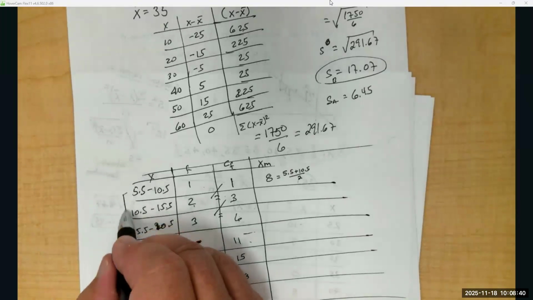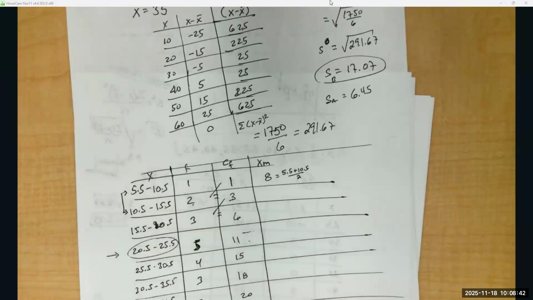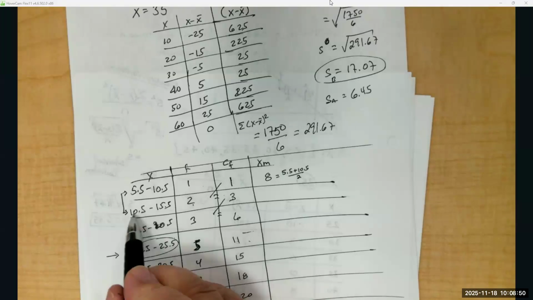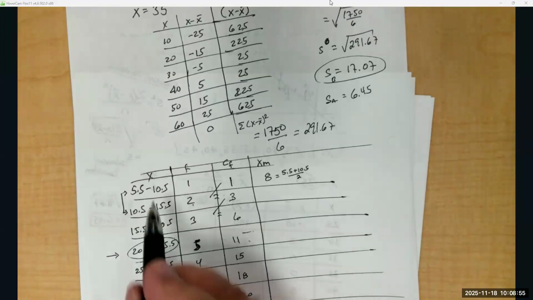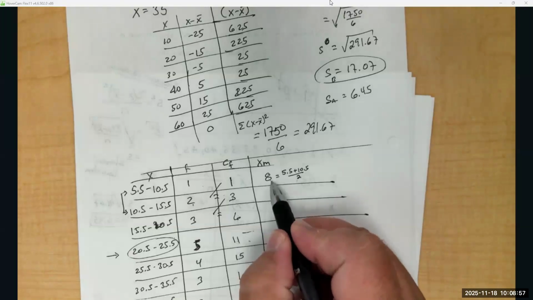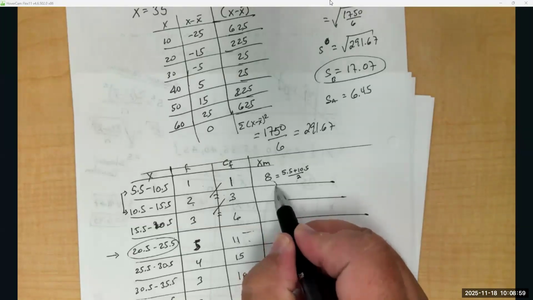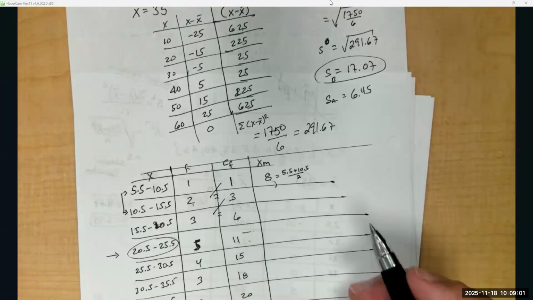How far is it from one set to the next set? 5, because 10.5 minus 5.5 is 5. So from the first midpoint to the next midpoint, you add 5.